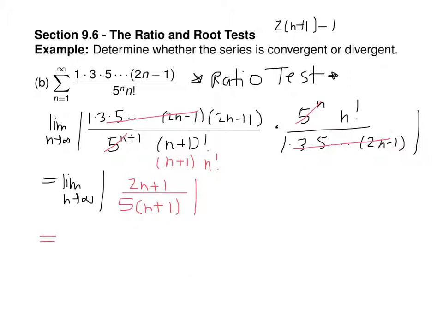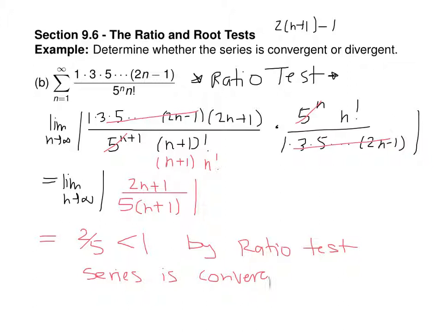That limit will equal 2/5, which is less than 1. So by the ratio test, your series is convergent. It's actually absolutely convergent, but convergent.